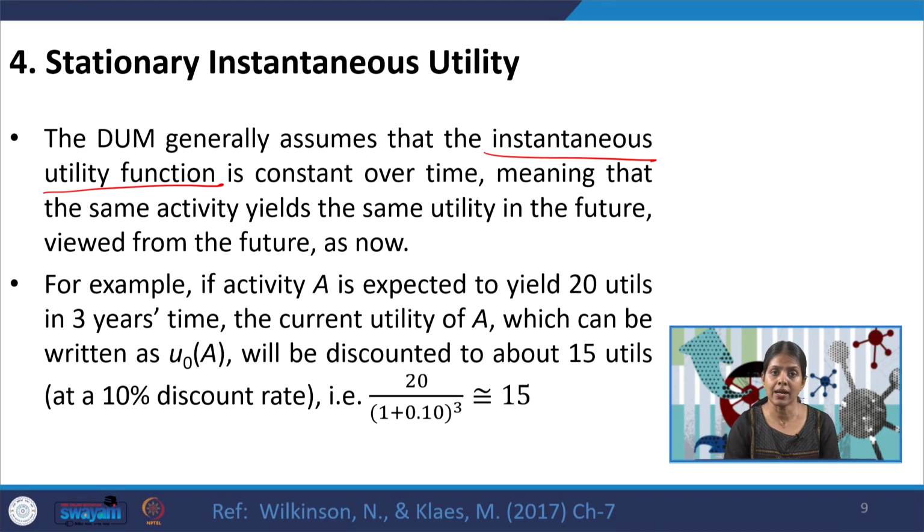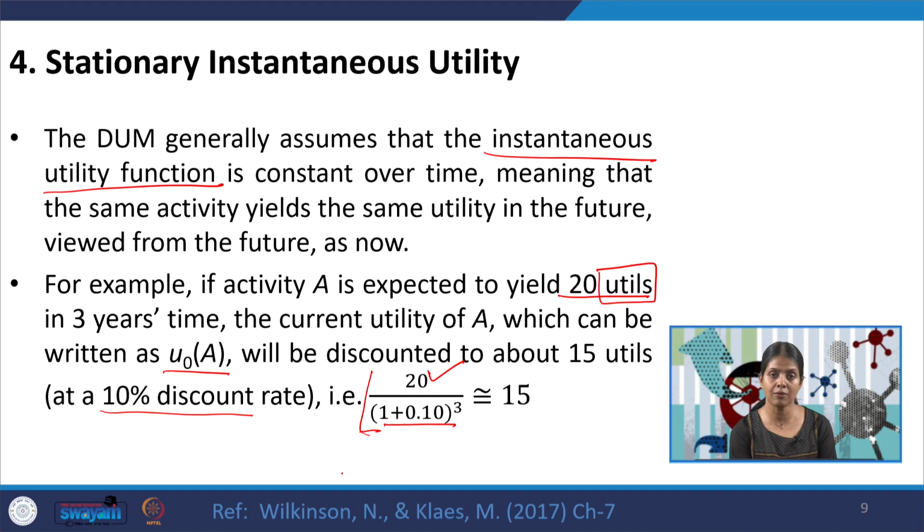For example, if activity A is expected to yield 20 utils, the unit of measurement of utility, in 3 years time, the current utility of A, which can be written as U naught A, will be discounted to about 15 utils at a 10% discount rate. So, I apply a 10% discount rate, 20 is supposed to come in 3 years time.